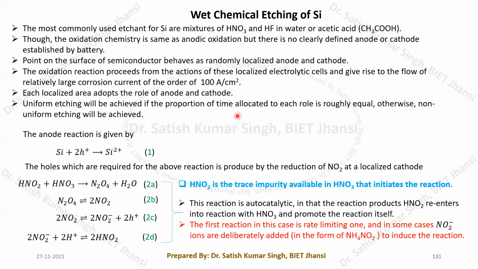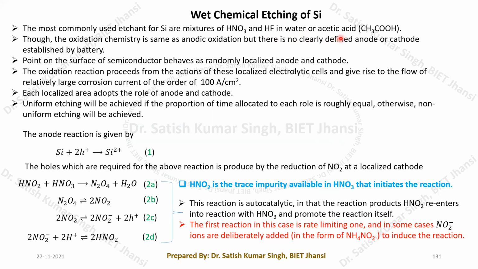The most commonly used wet chemical agent is the mixture of HNO3 and HF. These two chemicals we have to use in a certain composition, so that we can make this agent, along with water or acetic acid as a diluent.